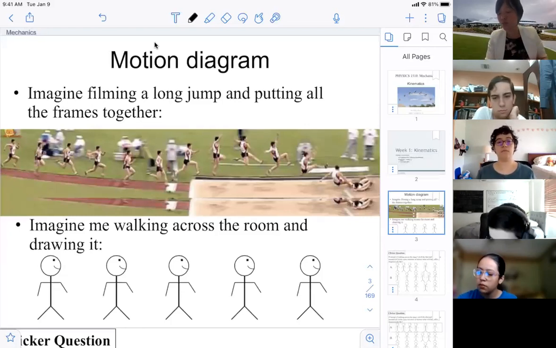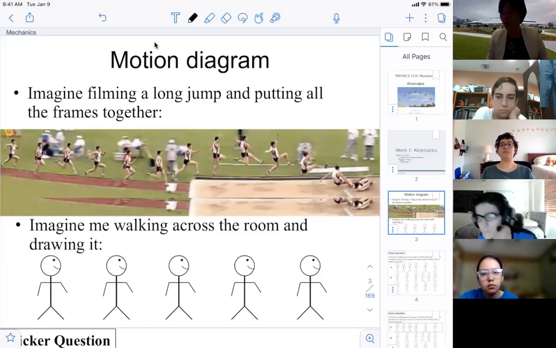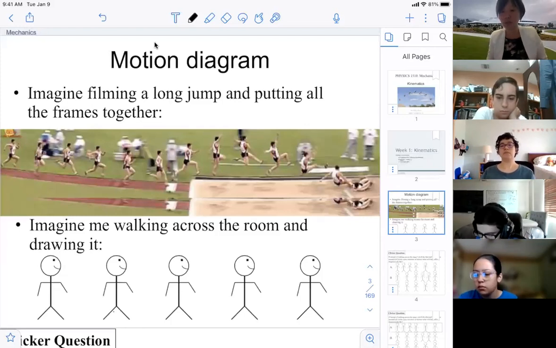So imagine me walking across the room and I ask you to draw the motion diagram of that motion. Let's say I'm walking with a very steady speed. So you will draw me in this fashion. This communicates a lot of important information to people, even though it is simple.